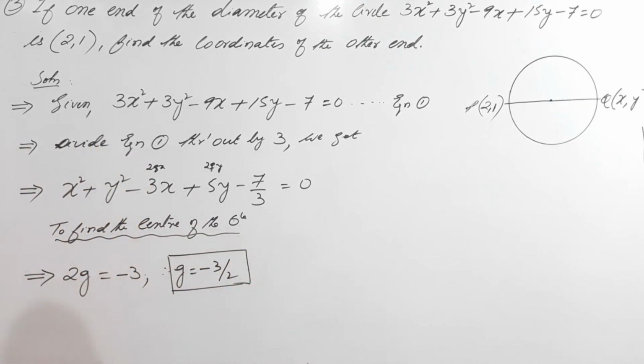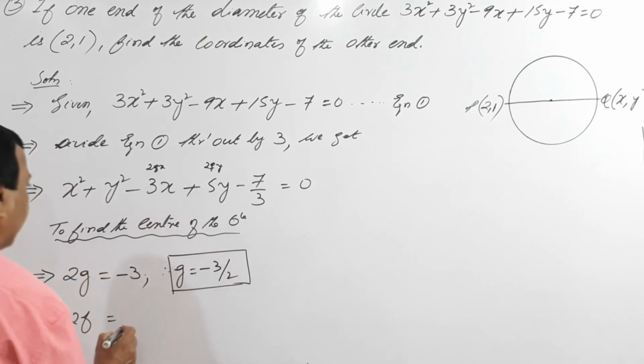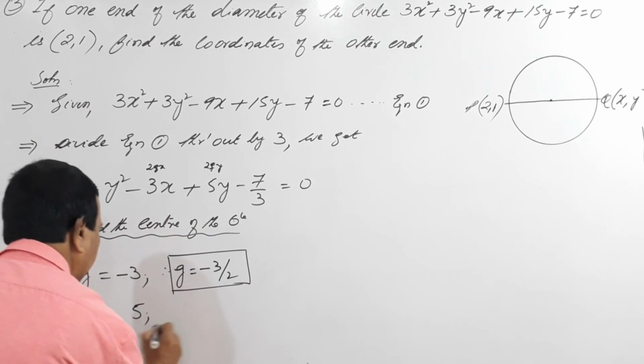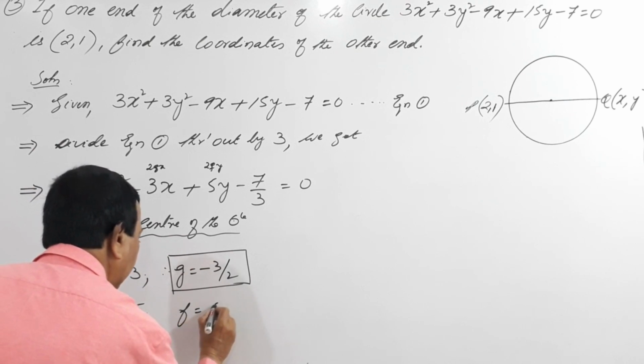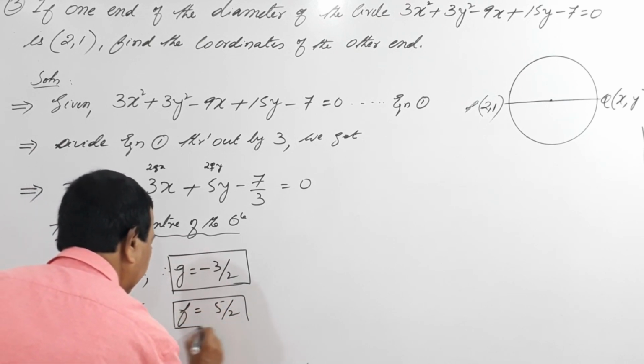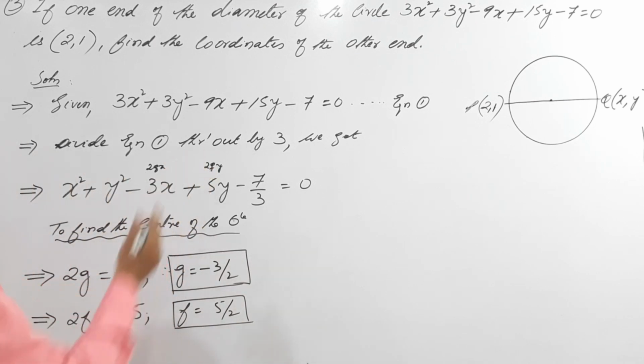Alright? What about f? 2f equals 5. Therefore, f equals 5 by 2. And what about c?